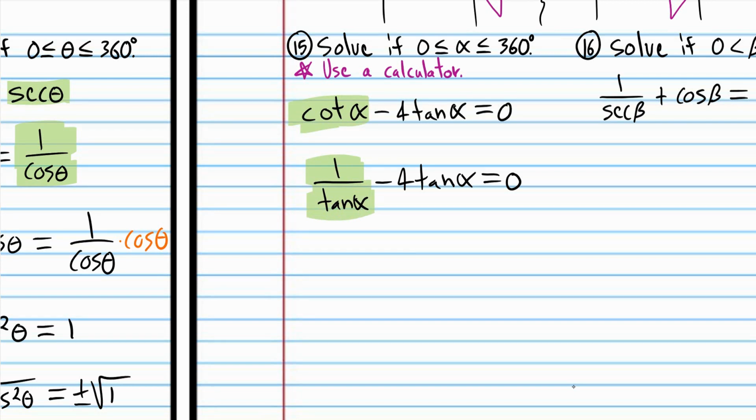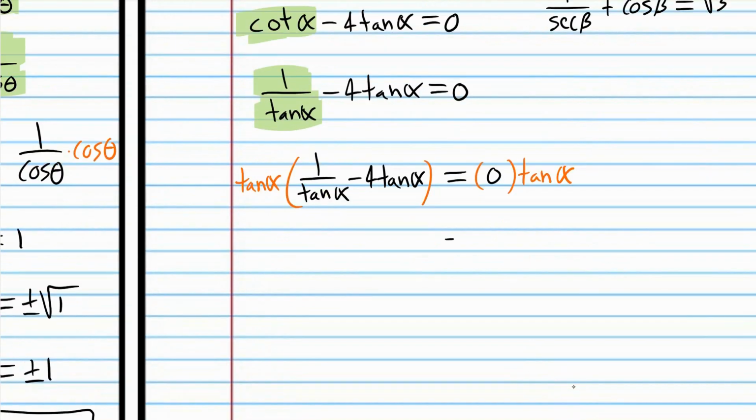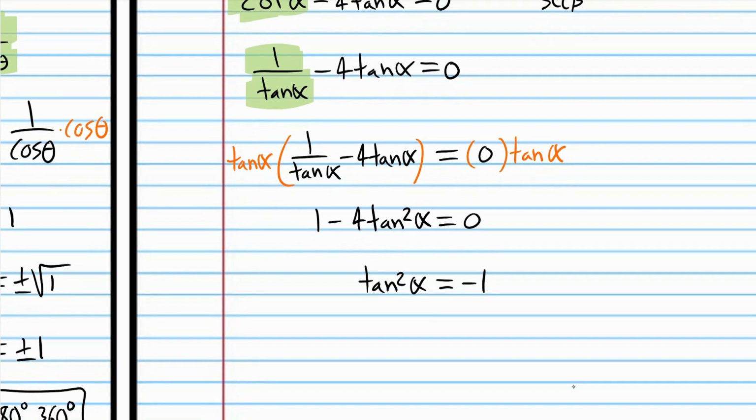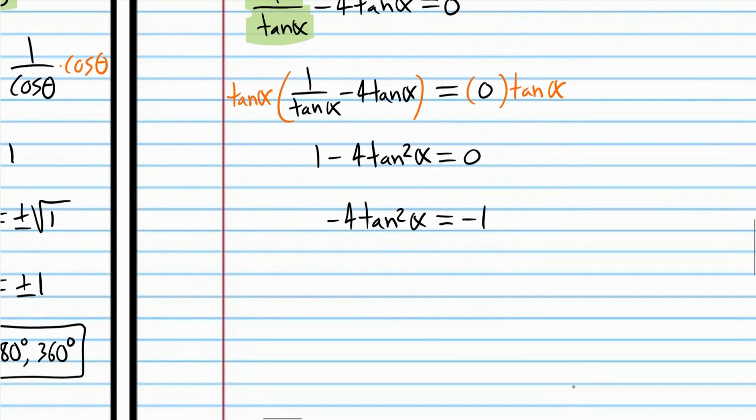And then I'm going to multiply both sides of the equation by tangent alpha in order to get rid of that fraction and simplify the equation. So we get 0 is equal to 1 minus 4 tangent squared alpha. I'm going to subtract 1 from both sides of the equation and divide both sides by negative 4.